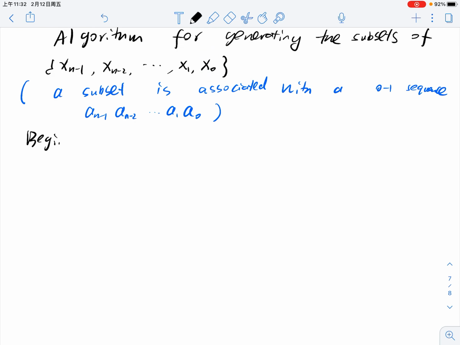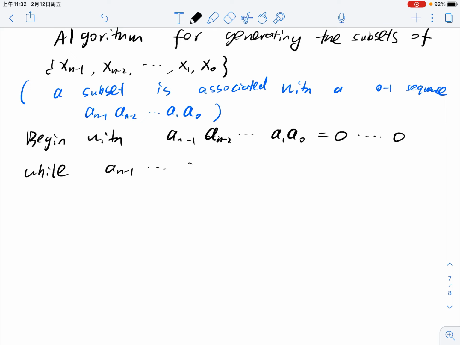The algorithm begins with the sequence 0, 0, 0. And if it's not the last one, by that I mean it's not 1, 1, 1, do the following.